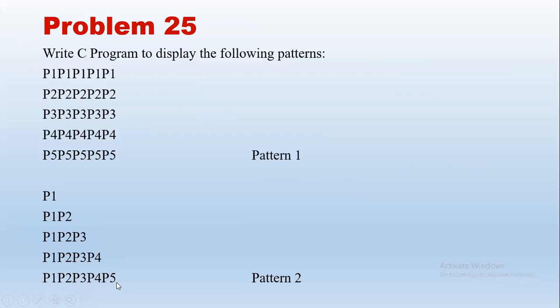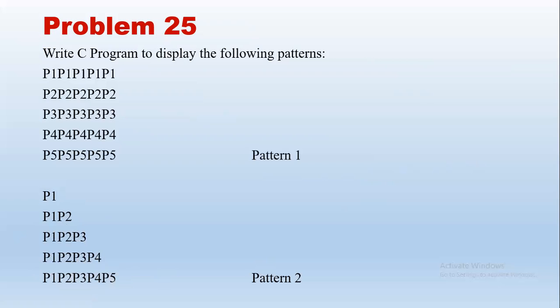When we observe the values carefully, we can see that it is the column number. In the previous pattern we printed row numbers. In this pattern we are printing column numbers. The first value in all is P1, that is column number 1. The second value is P2, column 2, then column 3 and column 4. P5 is in column 5. So these are the two patterns we need to print.